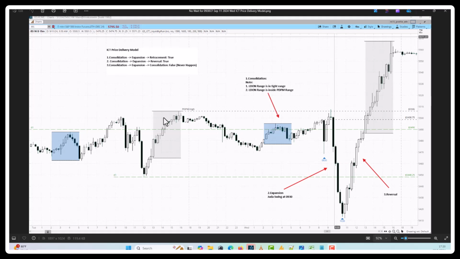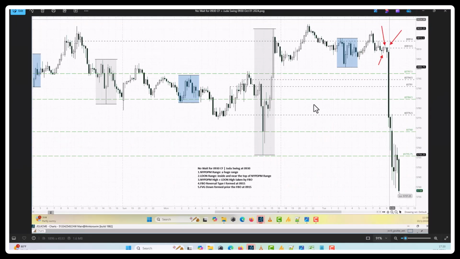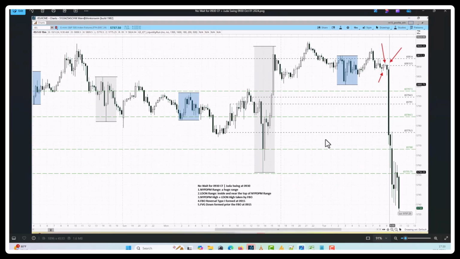But go back to the point that you see right here, at 9:15 it raided both the London and the PM. But today we see that it's split. The first raid is just for the New York PM, but the second raid is for London.